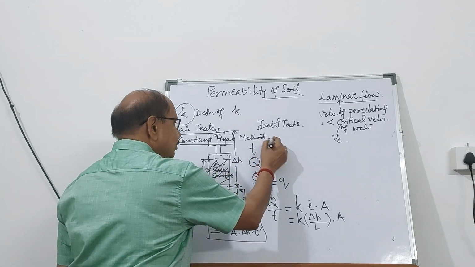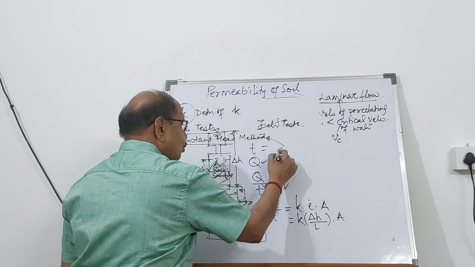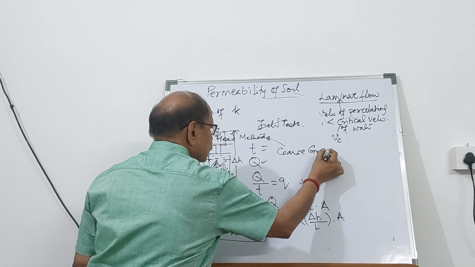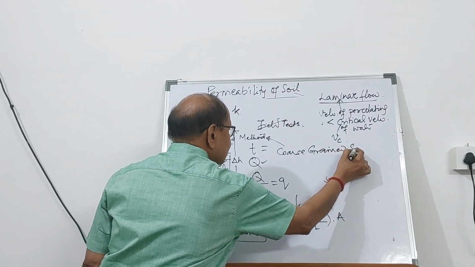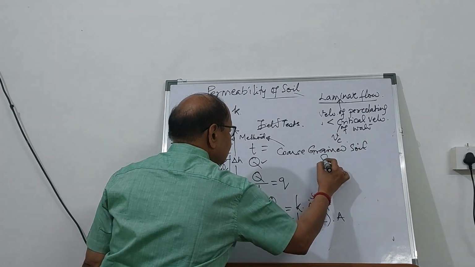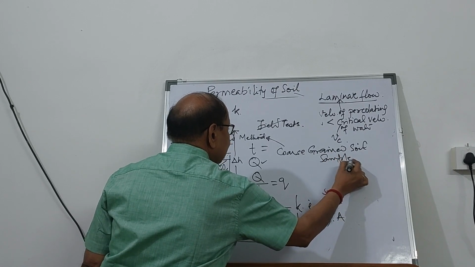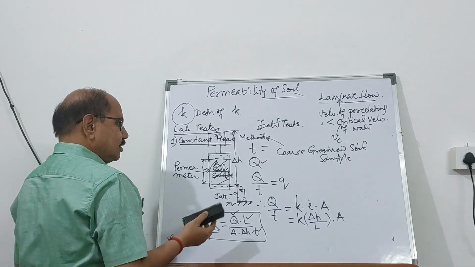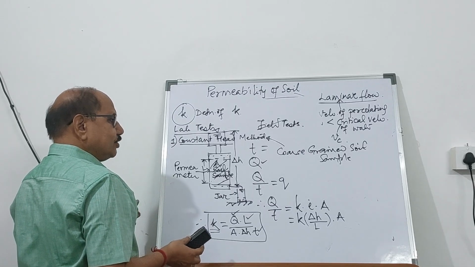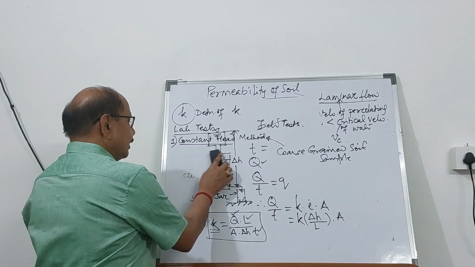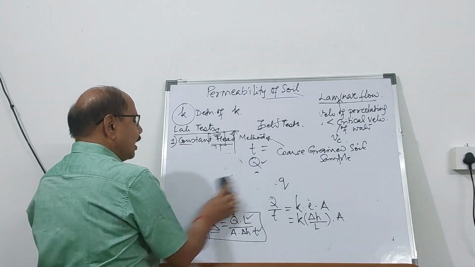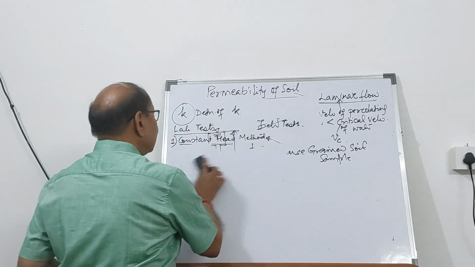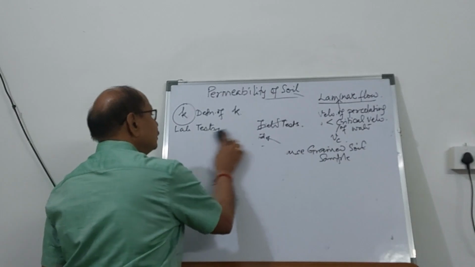So, this constant head method is suitable for coarse grained soil. In coarse grained soil sample, you will find that you get sufficient discharge. But if it is fine grained soil like clay, then discharge in a given interval of time is almost not measurable.